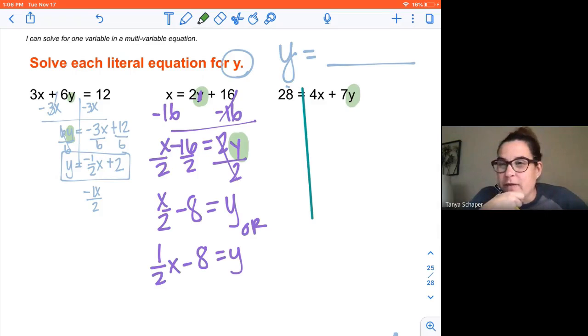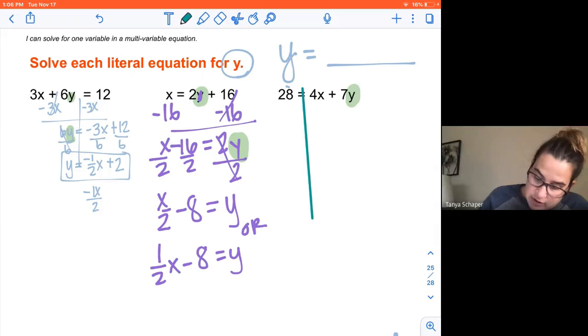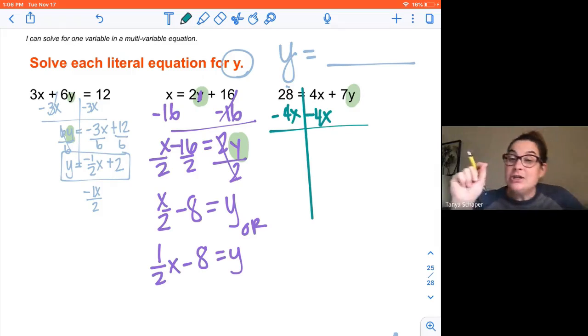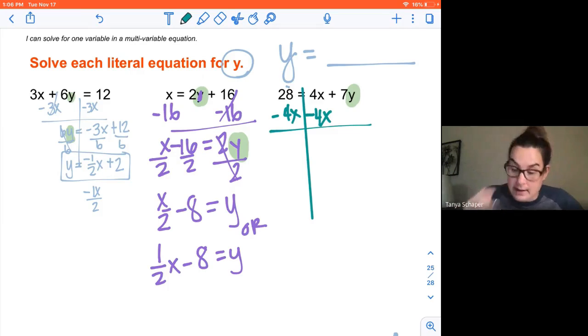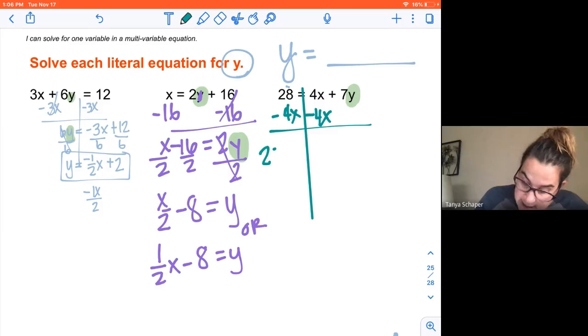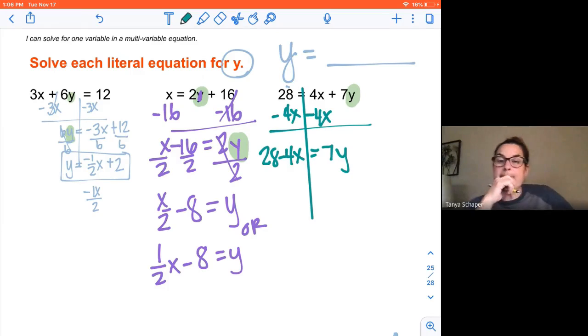First thing I'm going to do is move that 4x. Undo the adding and subtracting first. So I'm going to subtract 4x from both sides. Now, 28 and 4x are different terms. They're not like terms, so they can't be combined. So it becomes 28 minus 4x equals 7y.